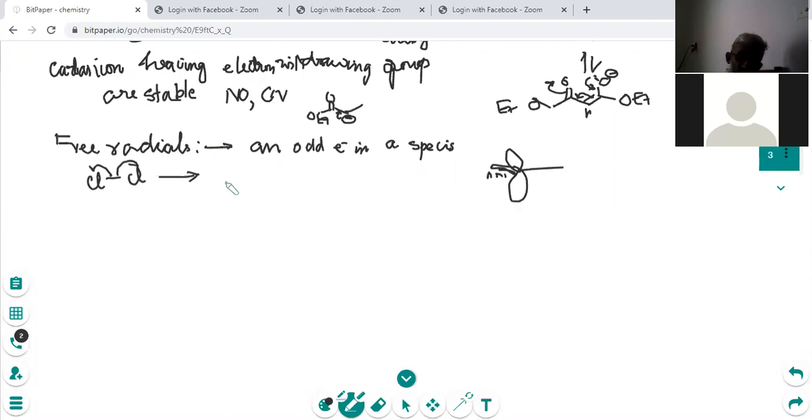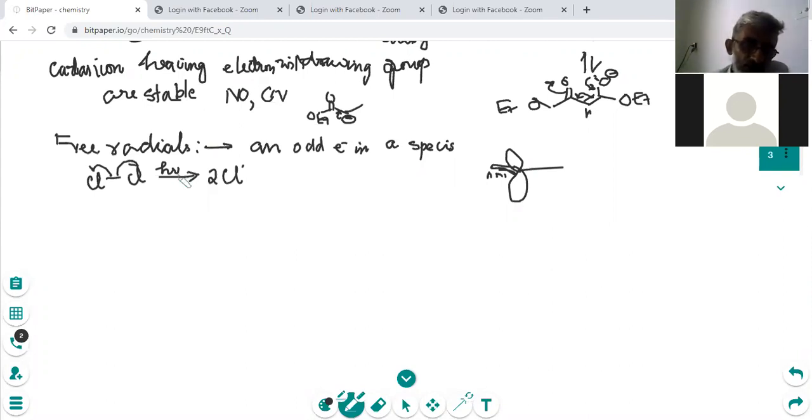One electron goes to one chlorine, and the second electron goes to the second chlorine. That means you generate two Cl dot. And remember, this cannot be done in the absence of h nu. h nu means light. So this is a light initiated reaction.